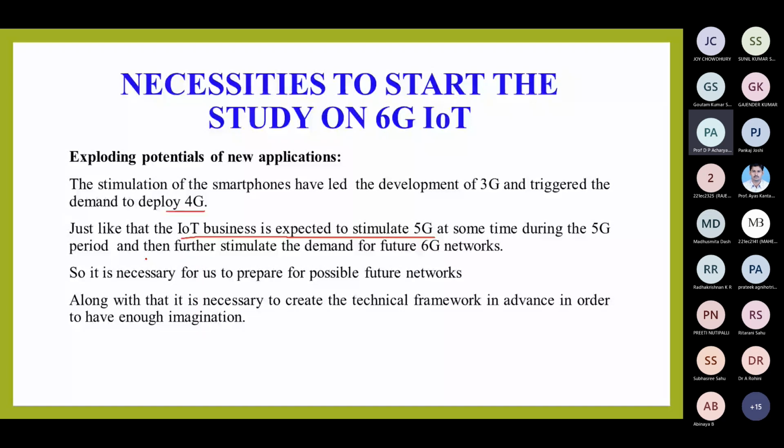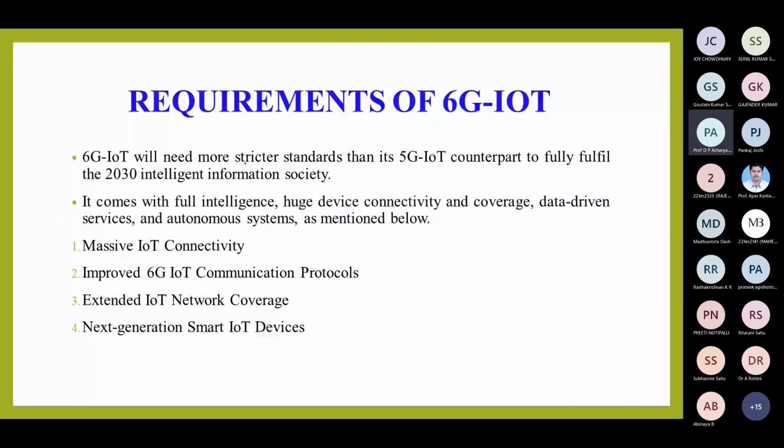So the requirements of 6G IoT is that we need more stricter standards. This is where we talk of protocols. More stricter standards than 5G IoT counterpart to fully fulfill the 2030 Intelligent Information Society.